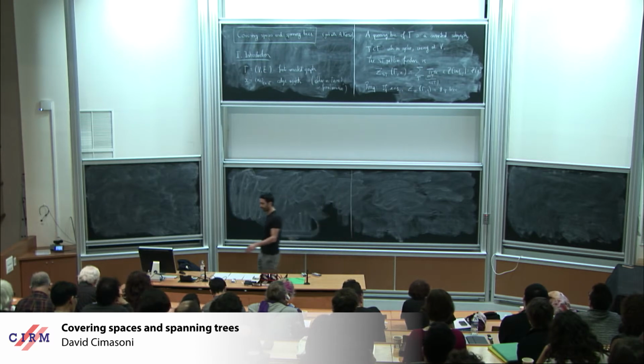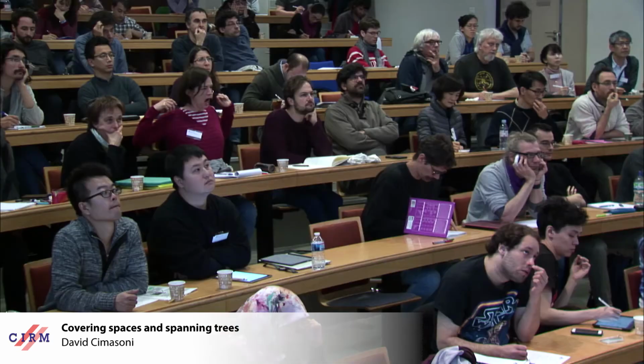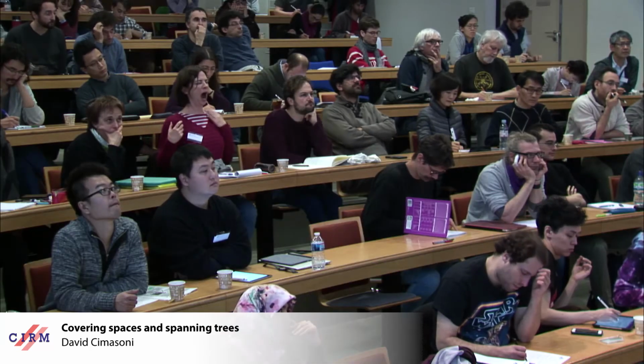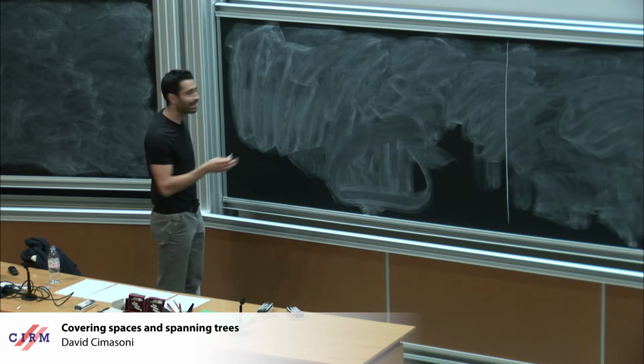So there's another combinatorial object I want to recall the definition of. And this is something called a rooted spanning forest. So I guess you can guess what this is.